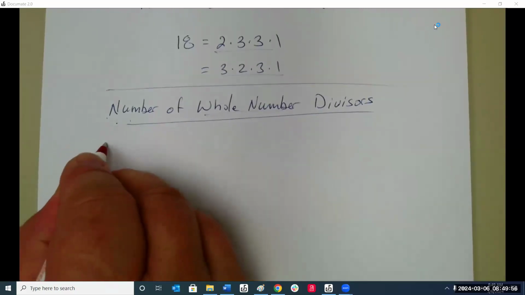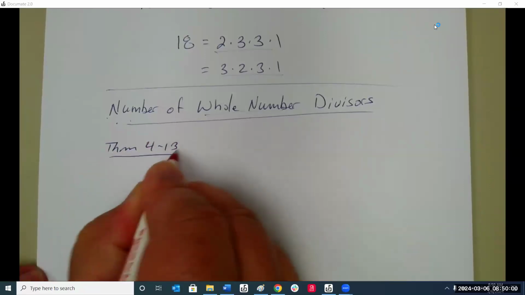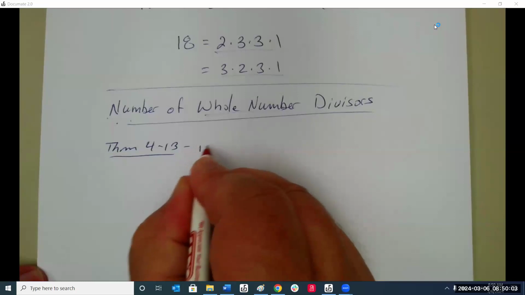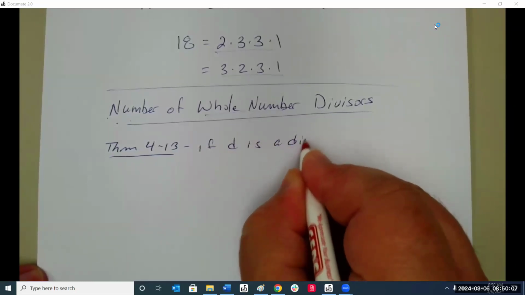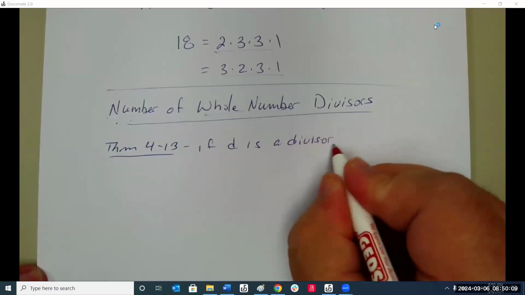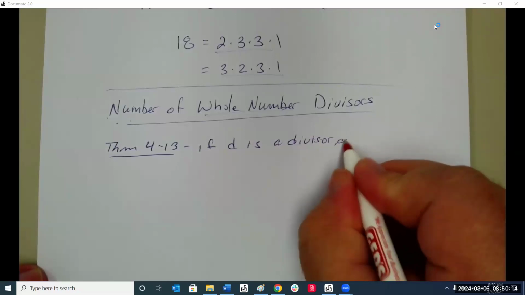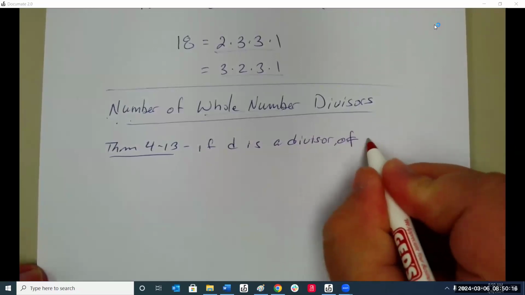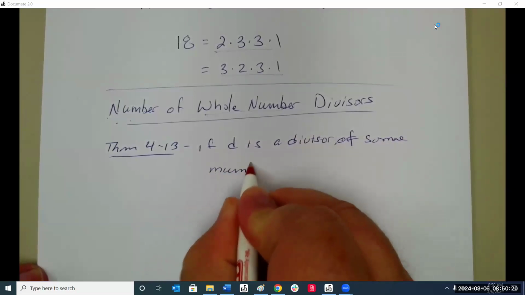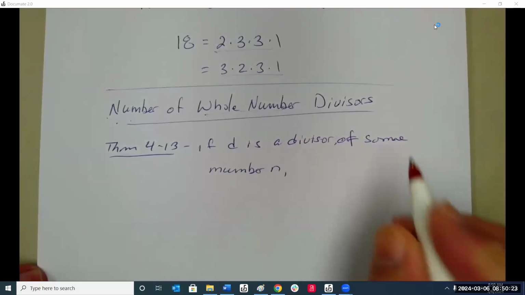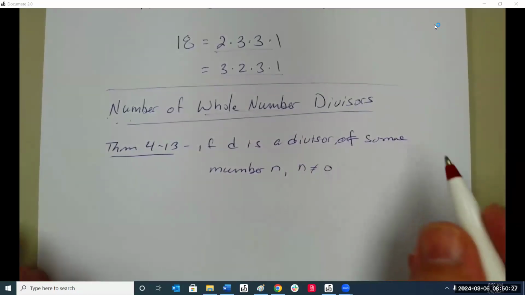So the theorem 4-13 states, if d is a divisor of some number n, where n is not equal to 0.